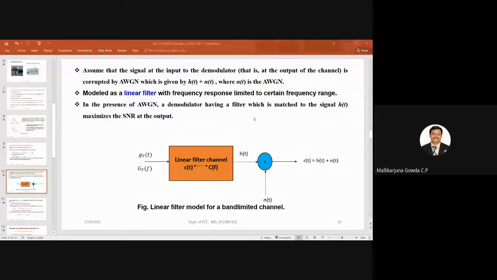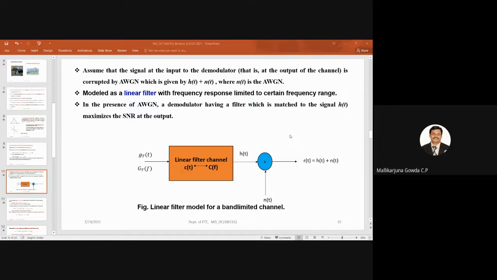If it is non-Gaussian, then all these assumptions and derivations will be different. By assuming the noise is additive white Gaussian, we are going to do all these derivations. So the received signal will be h of t plus n of t, where n of t is the additive white Gaussian noise.